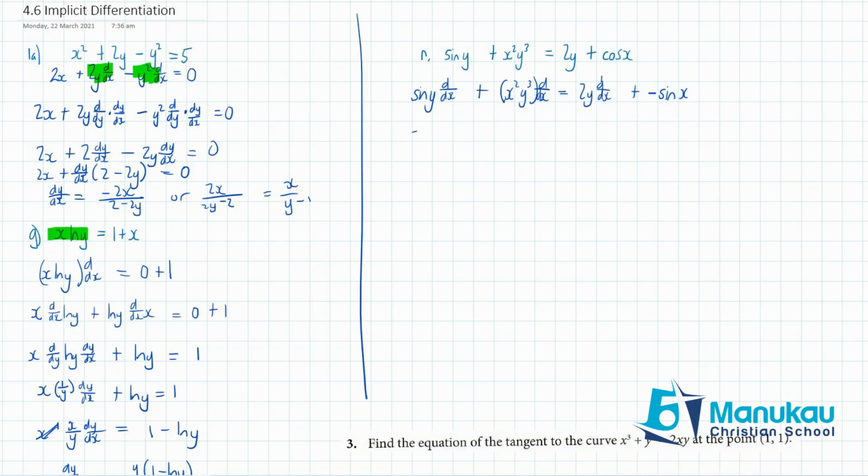Now my next line, this sine y, I'm going to differentiate with respect to y and multiply it by dy dx. I'm just going to leave this more complex bit till later because it's more complex. I'll just get these easier parts out of the way. I'm going to differentiate that with respect to y times dy dx minus sine x.